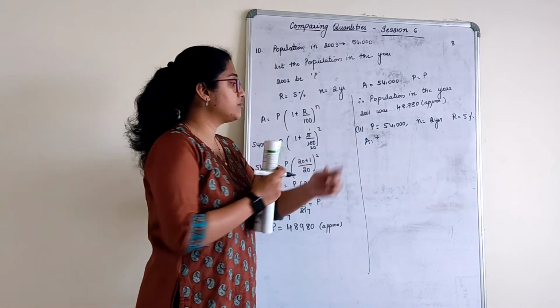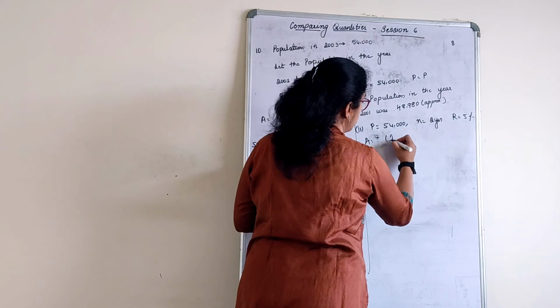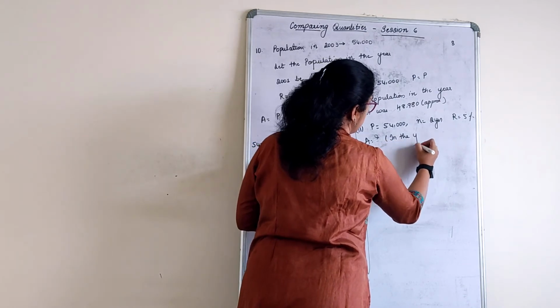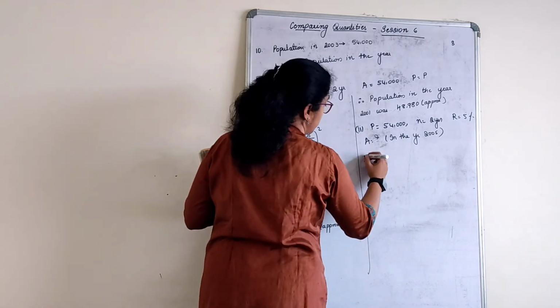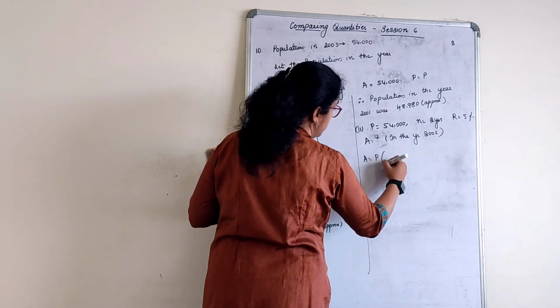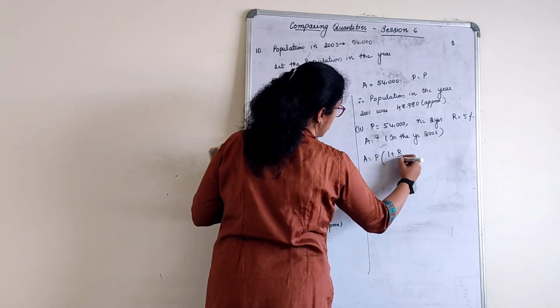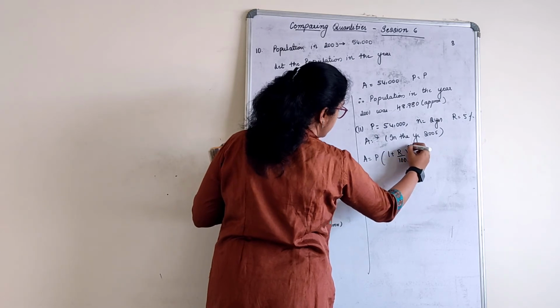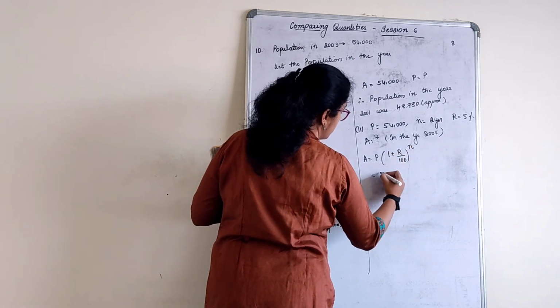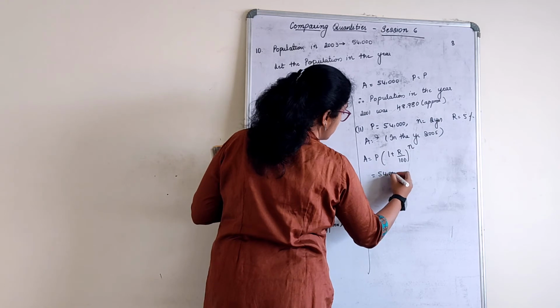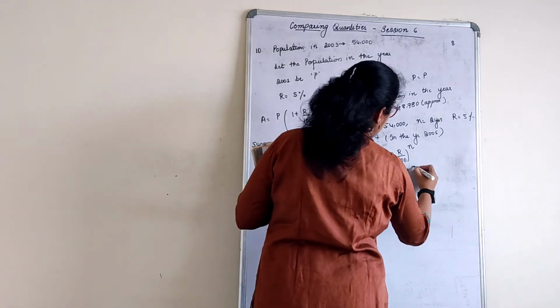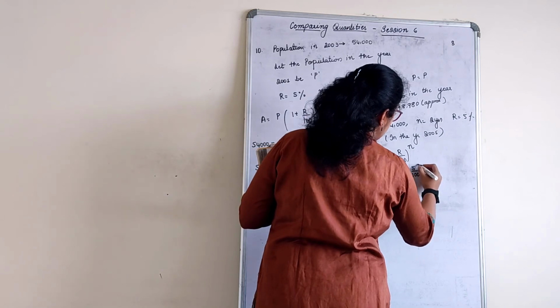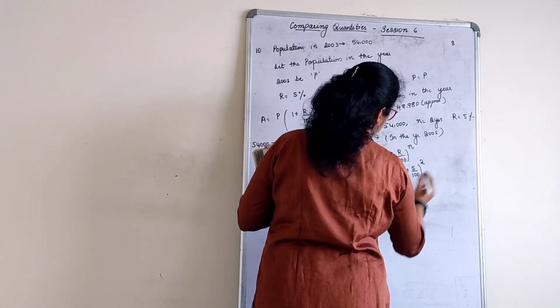Population in the year 2005 is nothing but the amount in 2005. So amount is equal to principal 1 plus r by 100 raised to n. So 54,000, 1 plus 5 by 100 raised to 2.